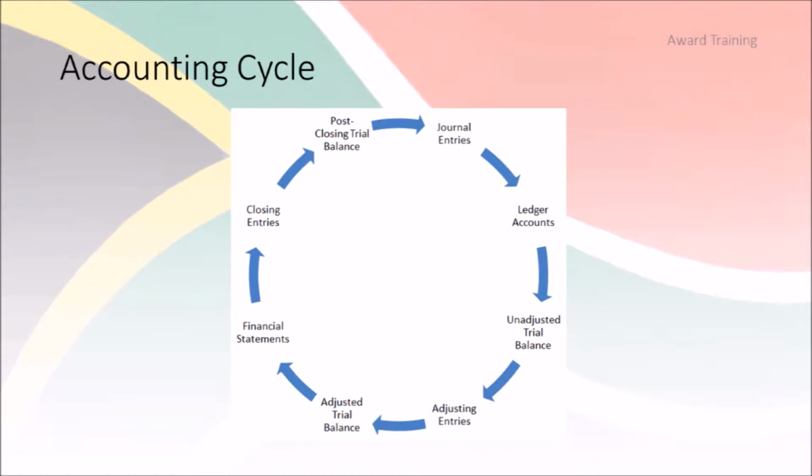These are then taken through into your journal entries where you capture cash payments journals, cash receipts journals, etc. They then form part of your ledger accounts, which is also commonly known as T accounts because they take the form of a T. These balances in the ledger then make up your trial balance, and your trial balance is then used to derive your income statement and balance sheet.